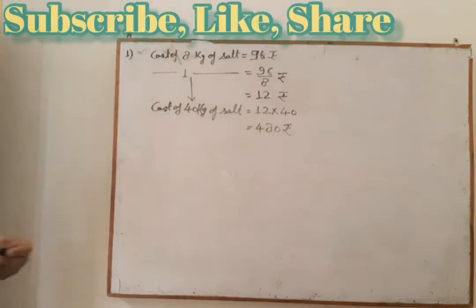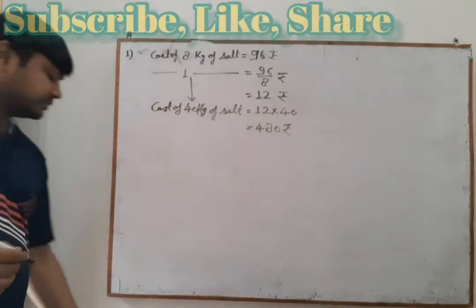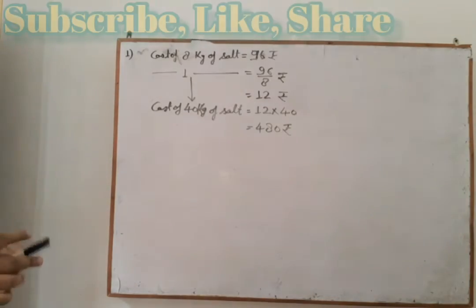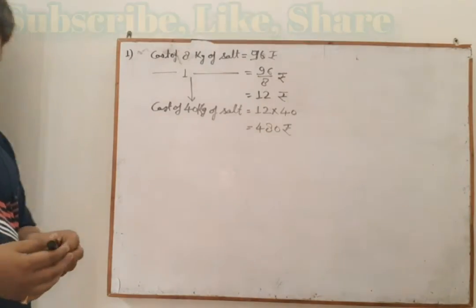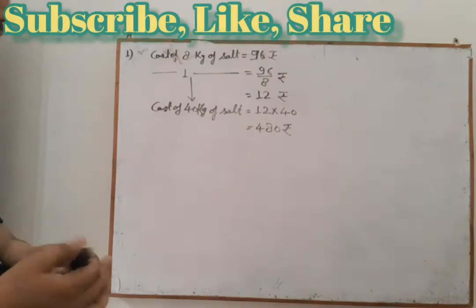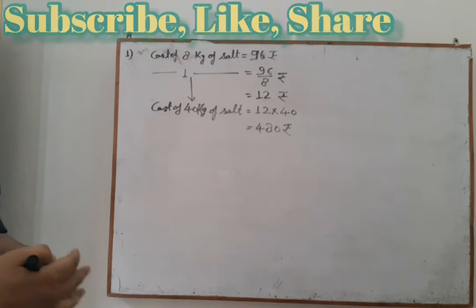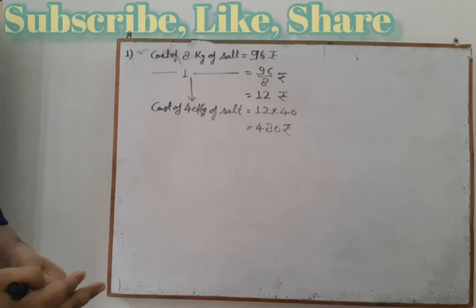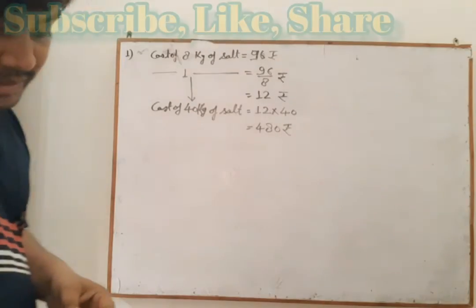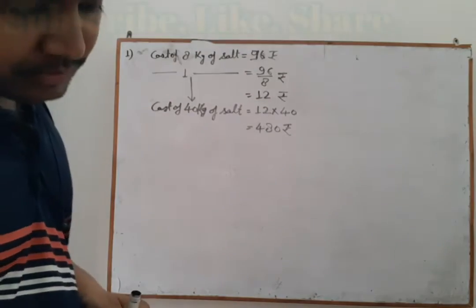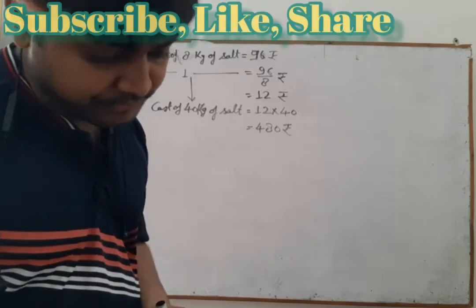And this is how we find the cost of 40 kg of salt. Understood? This is how we solve the questions. Now let's come to another question, question number 5.